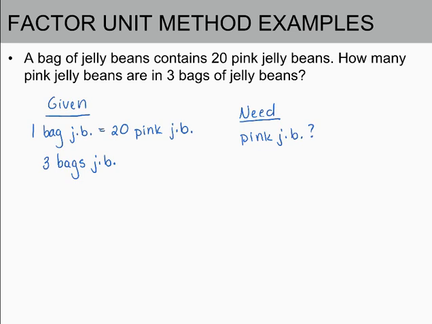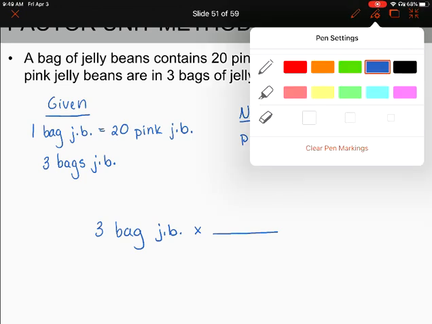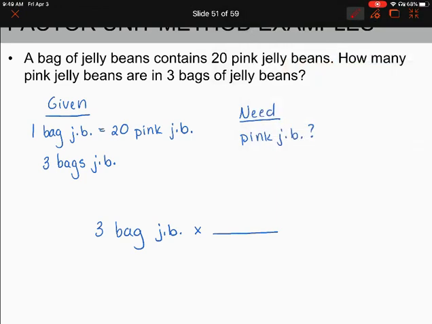All right, so let's start with what we're given. So we're given 3 bags of jelly beans as our starting unit. And then we're going to set up our conversion factor here. And remember, we want to put the desired unit in the numerator. So if we look at the equality up above, we would want to end up with pink jelly beans.